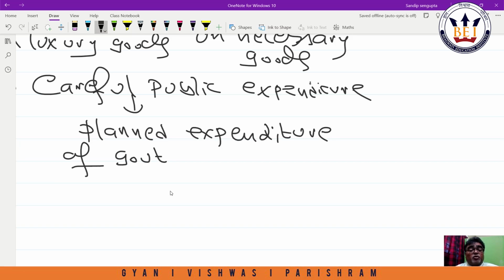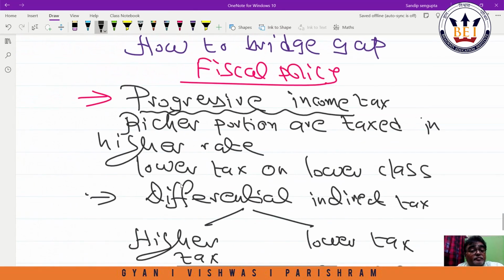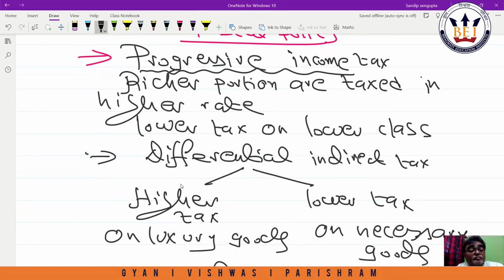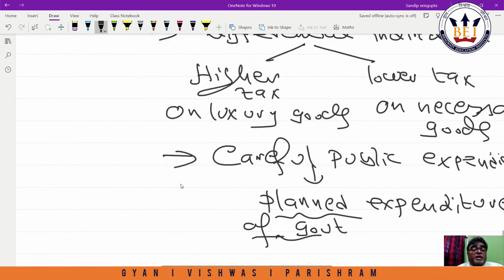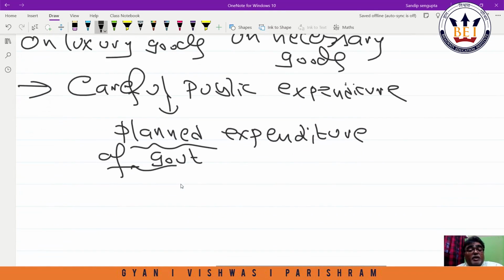If it is planned expenditure by government, then it will be beneficial. So 3 points are good for your answer. First, it is progressive tax. One I have given on direct tax. Another I have given indirect tax. Another I have given general expenditure point of view.